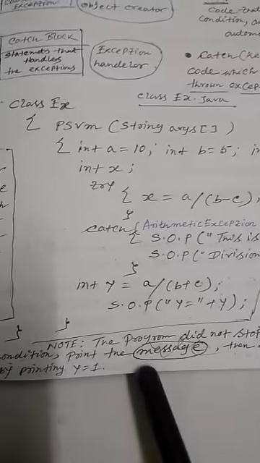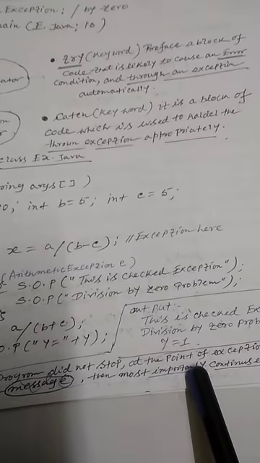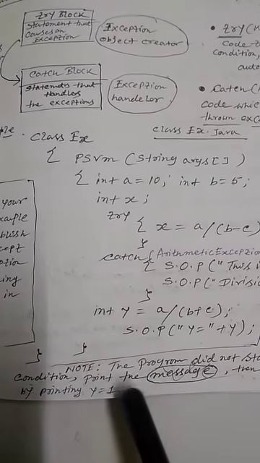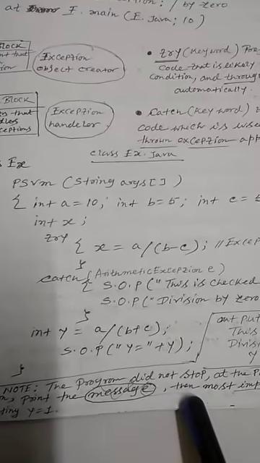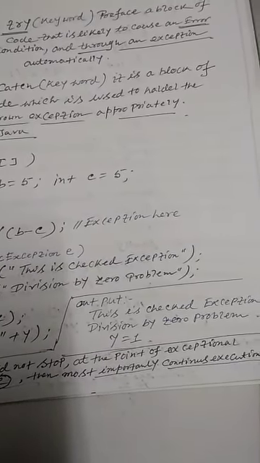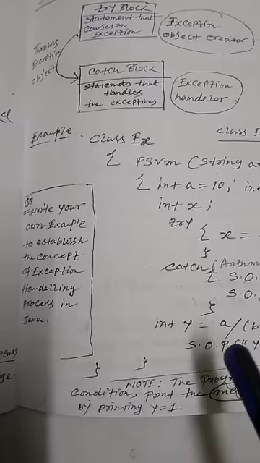So notice the program did not stop at printing the exceptional condition message. Most importantly, it continues the execution by printing the value of y.